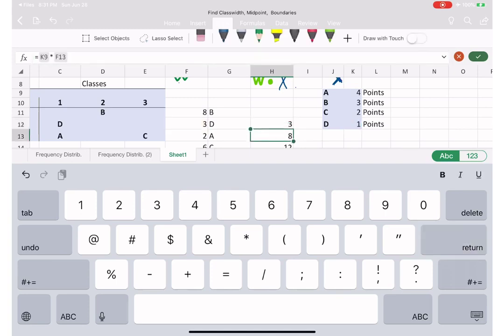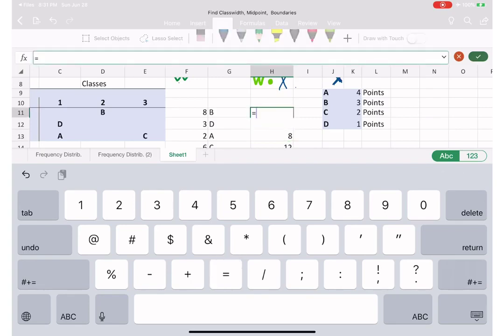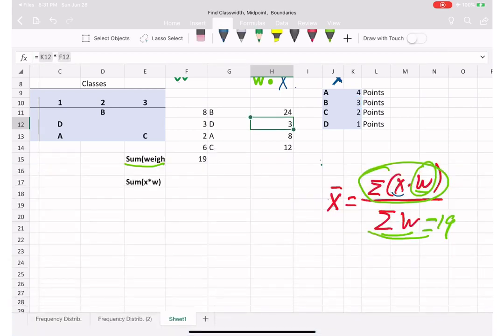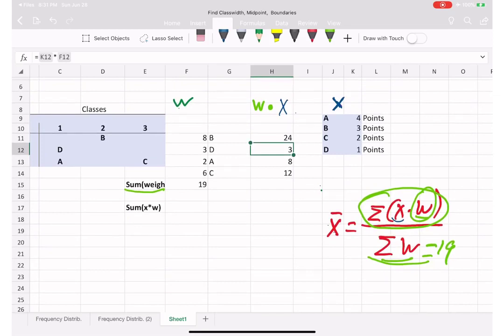Okay. And for B, equal sign. Where is our B here? 3, and times, how many we have B weight? 8. All right. So what we have to do, we need to summarize, okay, because we need the sum, correct?